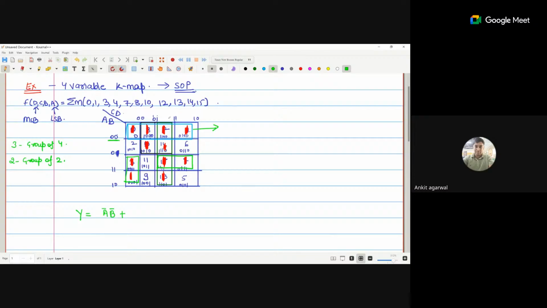Plus for this column group, C and D is the constant. C and D. Plus for the group of 4, A is constant and D is constant. So the value of D is 1 and value of A is 0. So D is 1 and A bar.